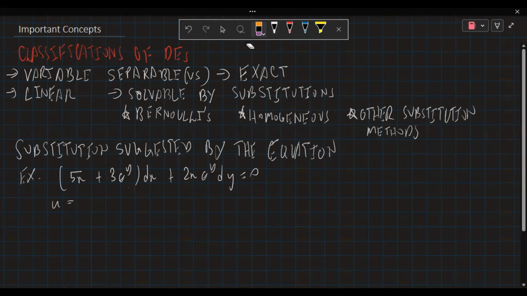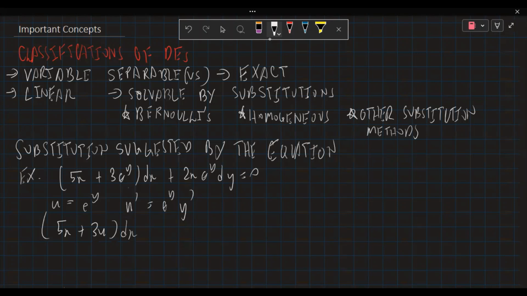So always try to look for the complex ones, like trigonometric functions, all of them that are complex. So u equals e to the y, and then we differentiate again, implicit differentiation. So this is u prime equals e to the y times y prime. And then we substitute it accordingly. So this becomes 5x plus 3u, this becomes 3x plus 2x, and then this becomes u prime.